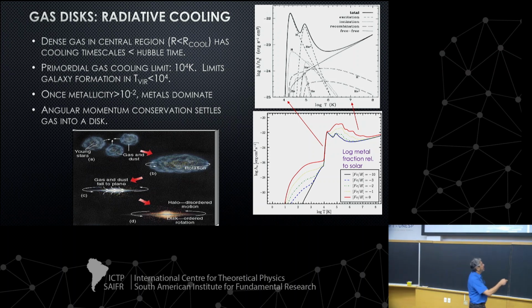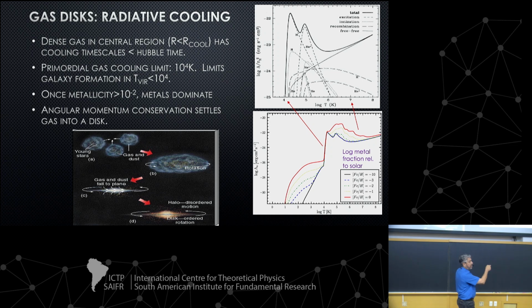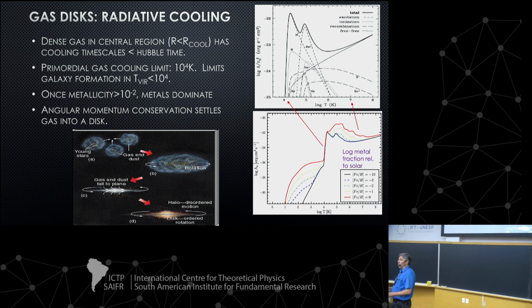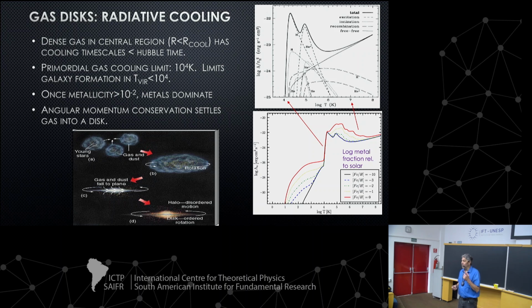Now you can ask the question, what is this line right here? If there's no primordial metal cooling, how do you get this little bump? The answer is it's molecular cooling, right? One thing that primordial gas can do is form into H2, so just stick 2 hydrogens together. The problem is that molecular hydrogen is very, very difficult to form.